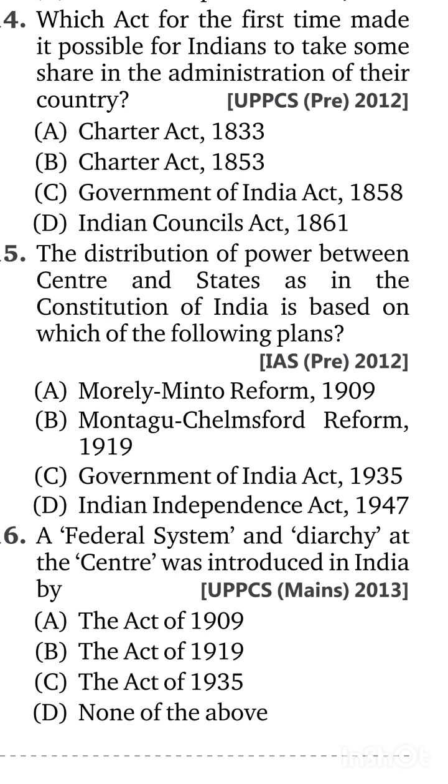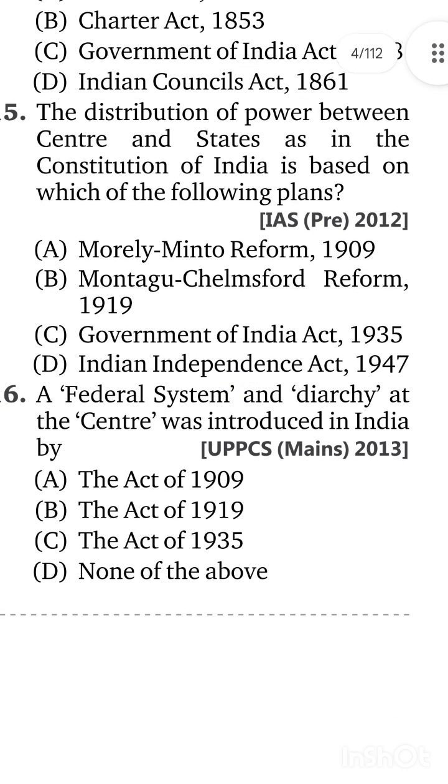सेंटर और स्टेट में पावर डिस्ट्रीब्यूशन के लिए कौन सा प्लान यूज़ किया था? Option is C, Government of India Act 1935. Again Government of India Act 1935. Okay. A federal system and diarchy at center was introduced in India by what guys?